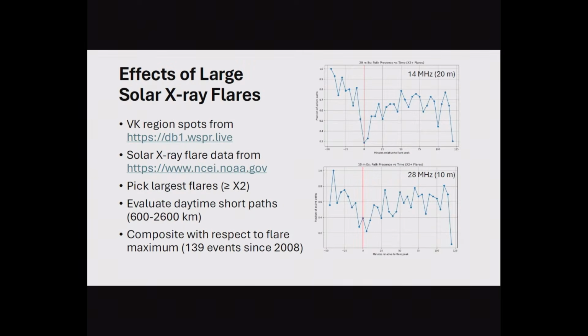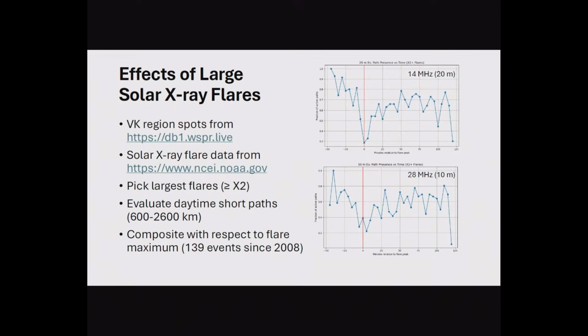So, large solar flares. You probably know that when we get a big X-ray flare from the sun in the daytime hemisphere, the D region absorption goes up and you lose your signal. So what I've done is I've mined the WSPR.live database, which I don't know if anybody uses.